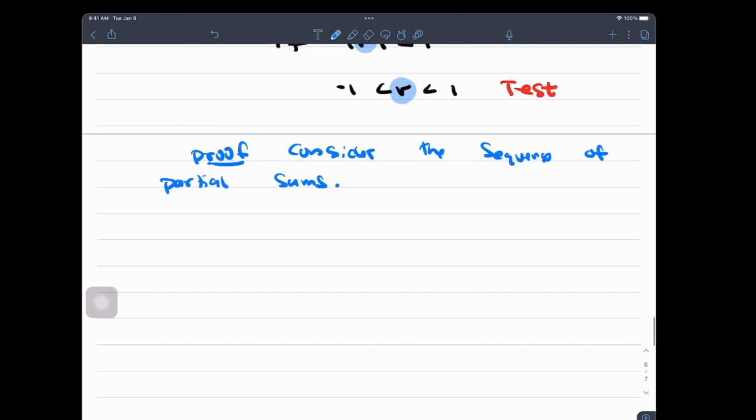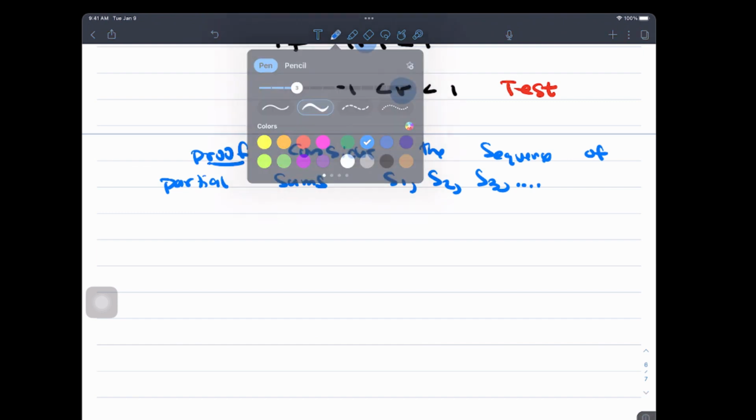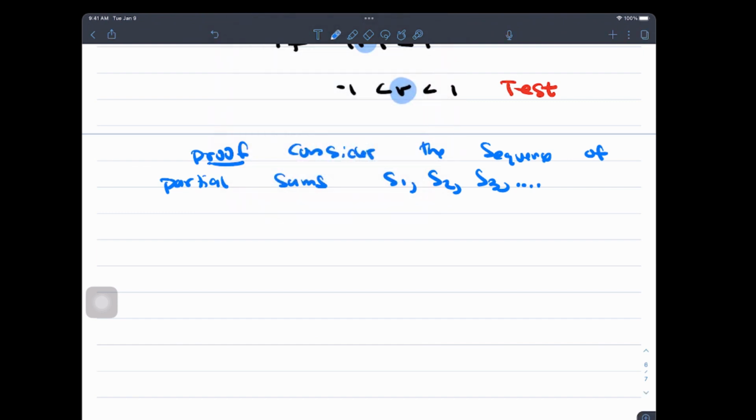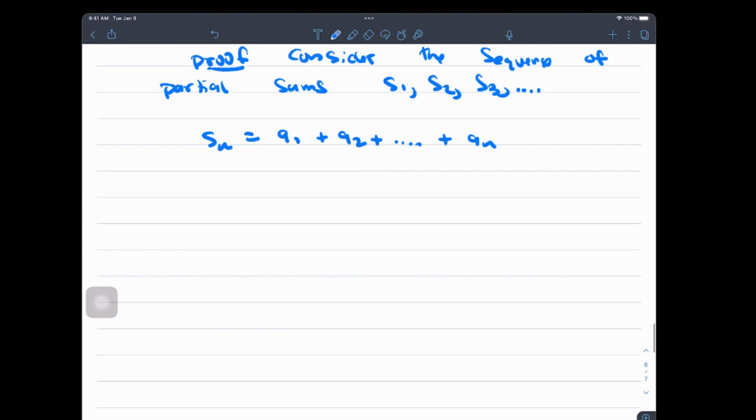The sequence of partial sums, remember, that's S1, S2, S3, and so on. It's an infinite sequence. We've got to look at that sequence. So you might say, what is that sequence again? Well, remember, what is Sn? It's a1 plus a2 all the way up to an by definition.